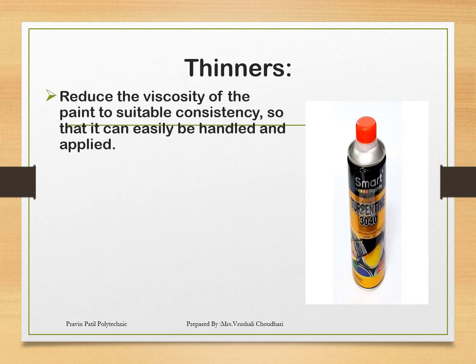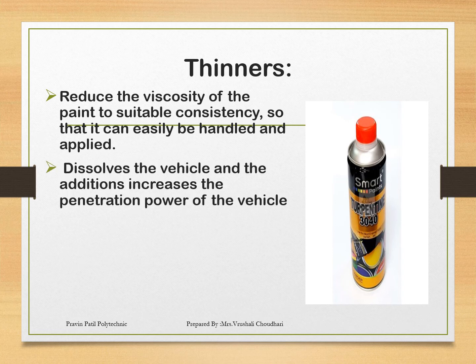Thinners. It reduces the viscosity of paint to a suitable consistency so it can be sprayed evenly and handled easily during application. It dissolves the drying oil vehicles and disperses the pigment.